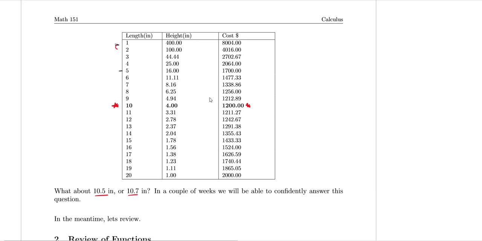What if that is actually the minimum value? Because it could be. Now, fortunately for us, the value for 10 is actually the minimum value, but in a couple of weeks, we'll be able to confidently answer this type of question. In the meantime though, let's review a little bit of functions.